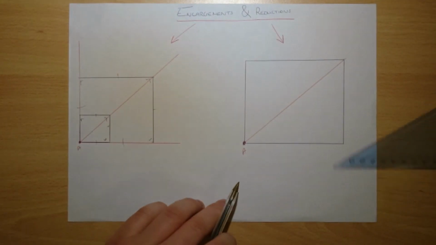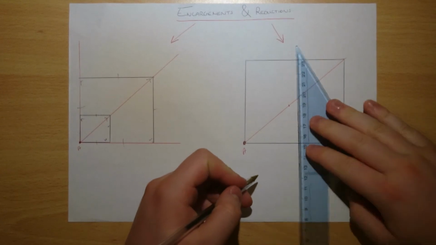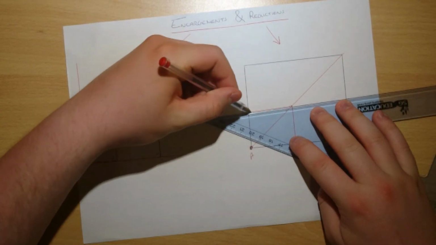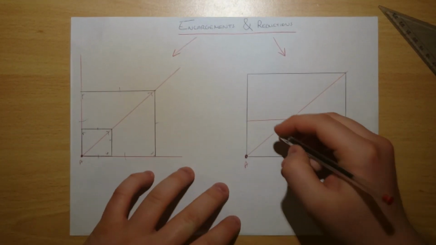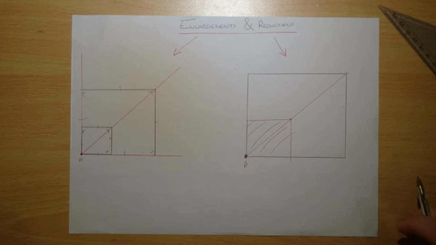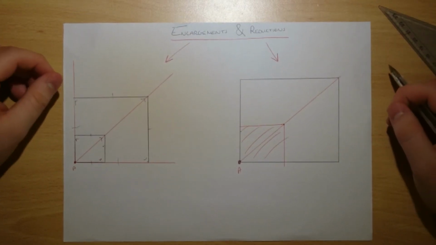Then say I wanted that length in the diagonal, bring it down, bring it across, and that's my new reduced shape from the original of that size.